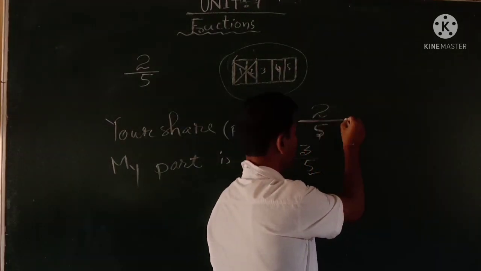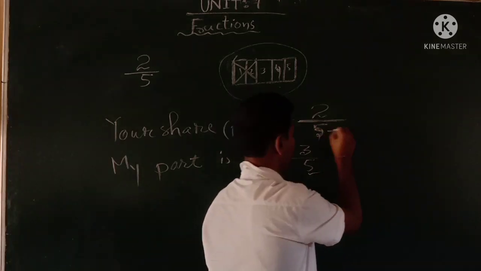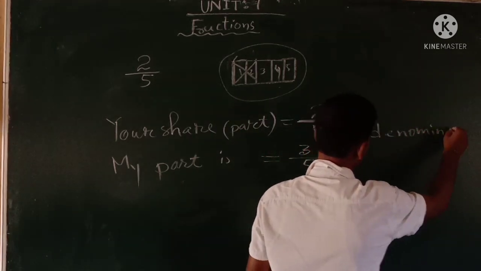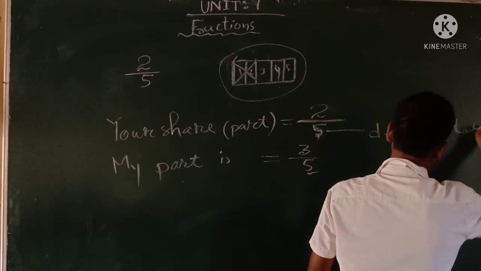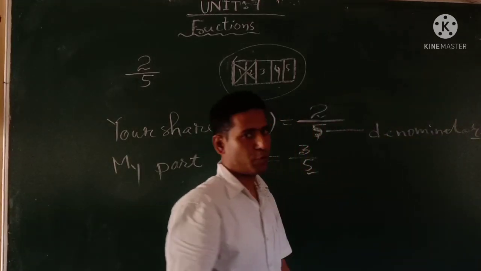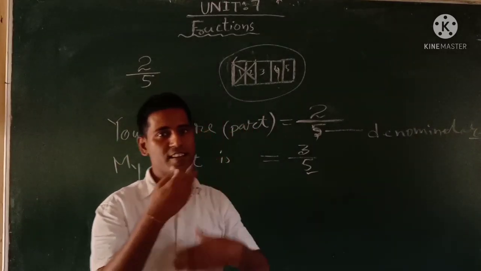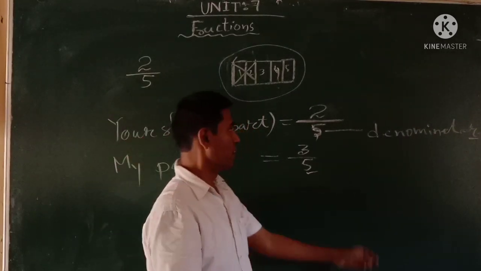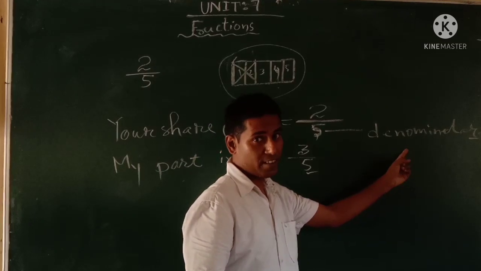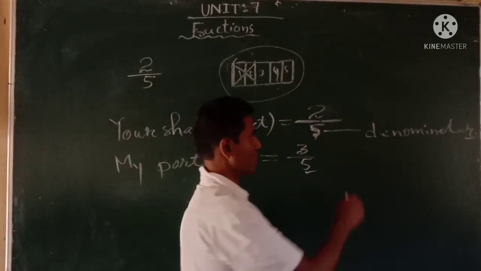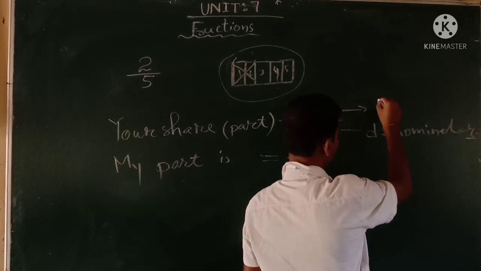This is a bar, and we write it below the bar, and this is called the denominator. This is not a new concept for you, is it? You all know all these things, and just for recap before proceeding into the exercise, I'm highlighting it. Now this is called the denominator, and the number that lies above the bar is called the numerator.